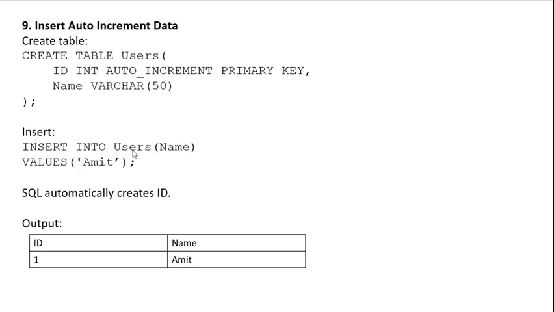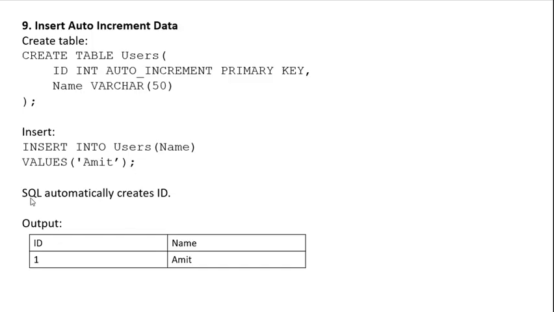And the insert query: insert into the table users, and in the columns only write the name. The id is given as auto increment, so do not write the id's value, and after that give the name value in single quotes as Amit, and lastly a semicolon.